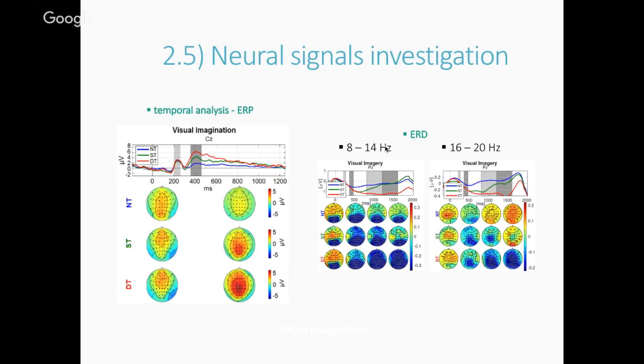Further considering the activity in the power bands, we can have a look at both alpha and beta bands and the amplitude evolution of the ERDs, like the envelope of the signals.